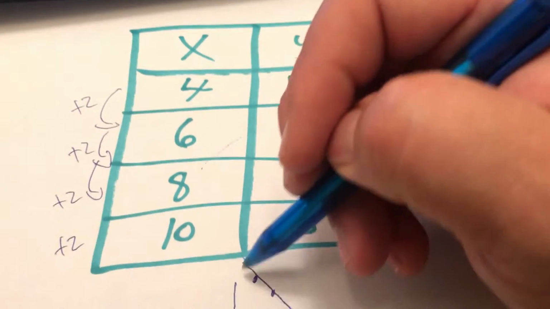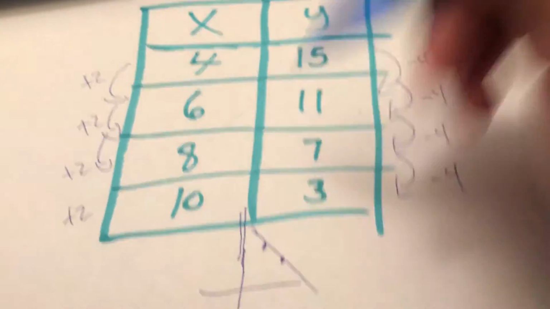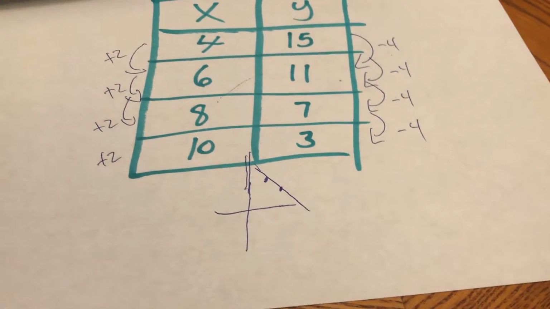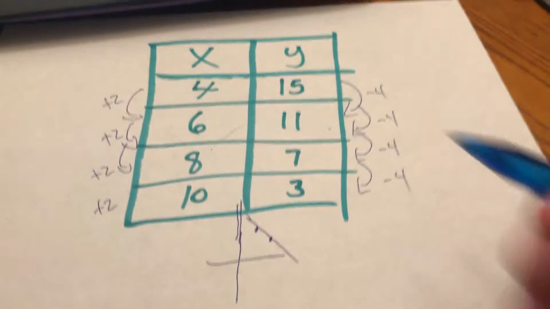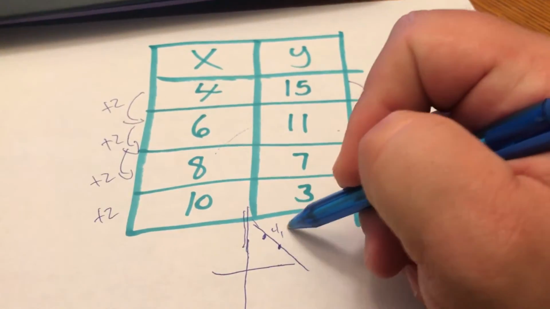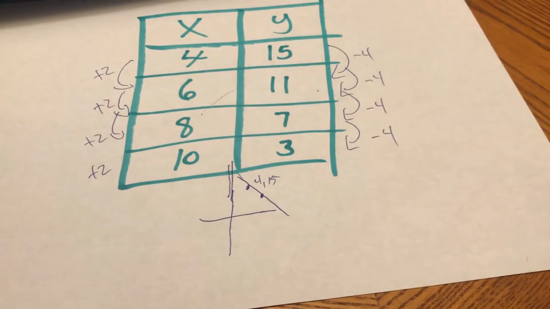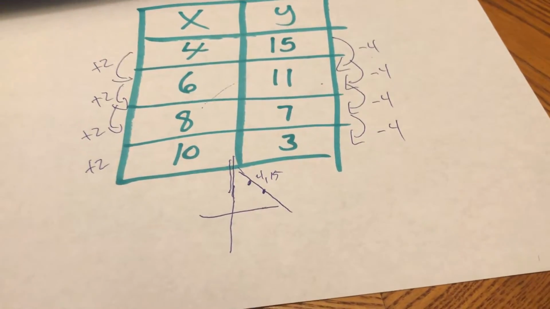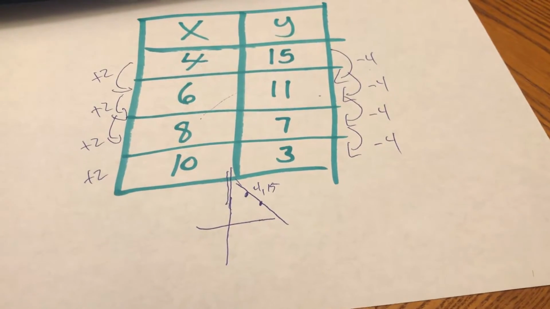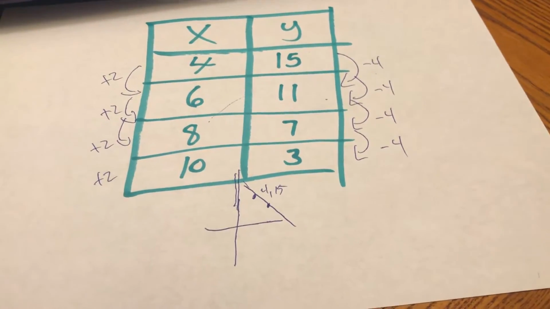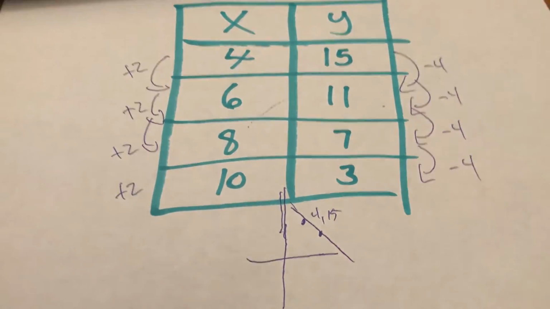And we could even see approximately where our y-intercept will be when we get into that a little bit more. So we'd know that this right here is 4, 15. So when I get to my y-intercept, x is going to be 0, and it's going to have to be more than 15. And we will get into that a little bit more, but that's where that sketch can kind of help you with problems later on.